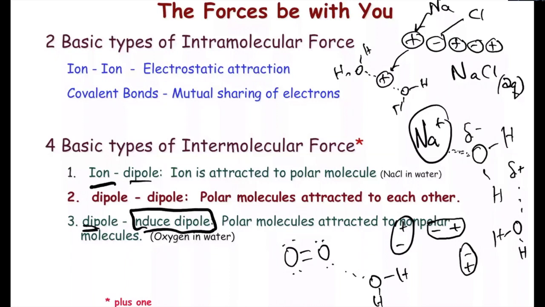Otherwise, we would not have marine life. Fishes that live in the ocean actually extract the oxygen from water. But what happens is that every once in a while, the electrons on this oxygen will be attracted to the partially positive part of the water molecule.